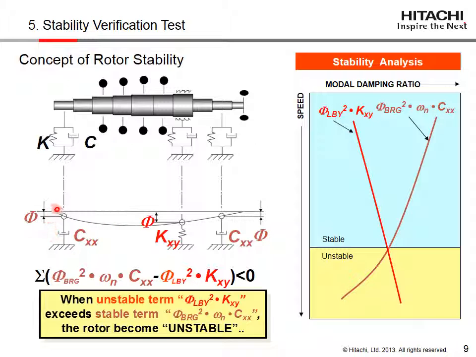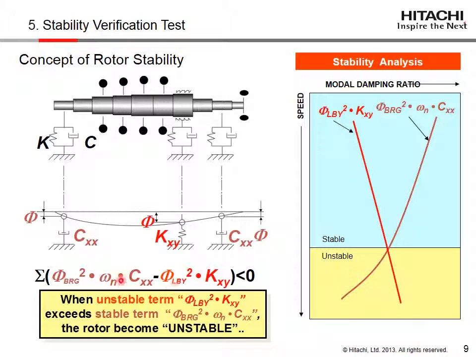And with the labyrinth cross-coupling coefficient, this is the deflection at the labyrinth. So this is the energy of the damping effect, and this is the energy of the destabilizing effect. If this value is higher than this value, the system is stabilized.